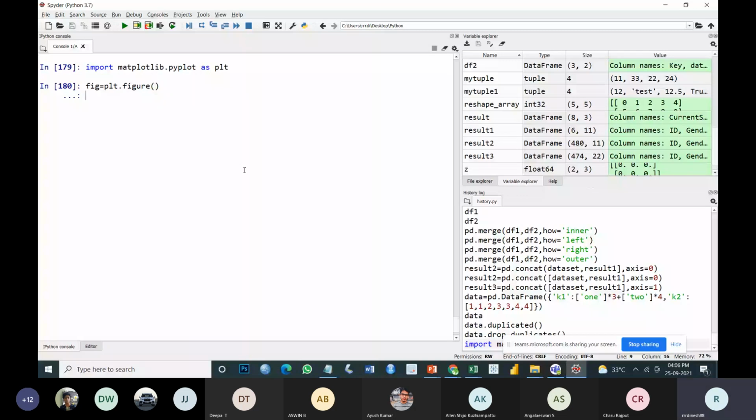fig equal to plt.figure, then axes equal to fig.add_axes of 0.1, 0.1, 0.8, 0.8.